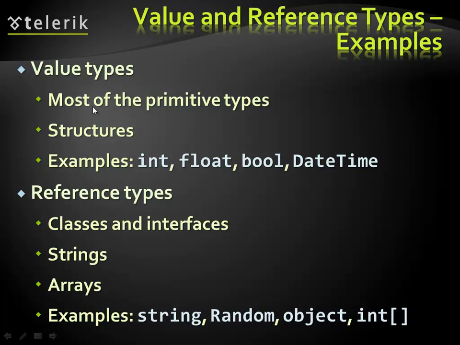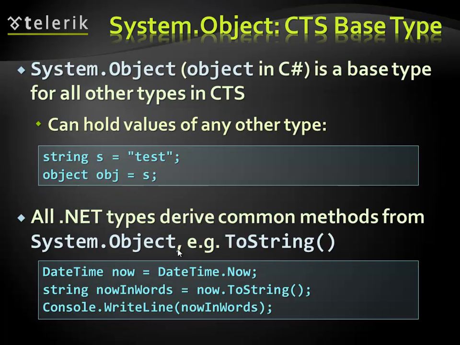Most of the primitive types are value types, like integers, floats, booleans, structures, as we've mentioned today, as different from classes, which are all reference types. Strings are reference types actually. All the classes that you're going to create are reference types. Strings and arrays and all the more complex types in the language are usually classes of some kind, so they are reference types.